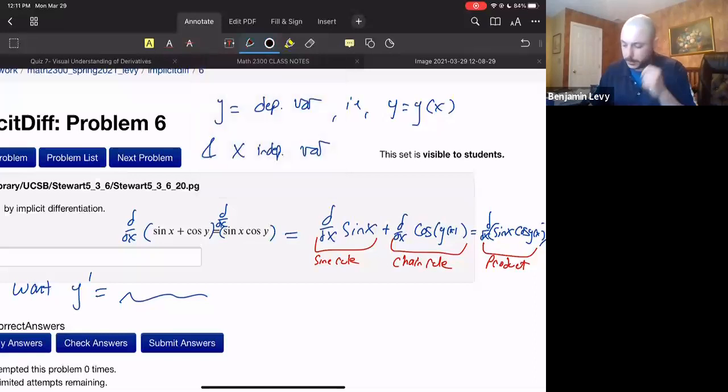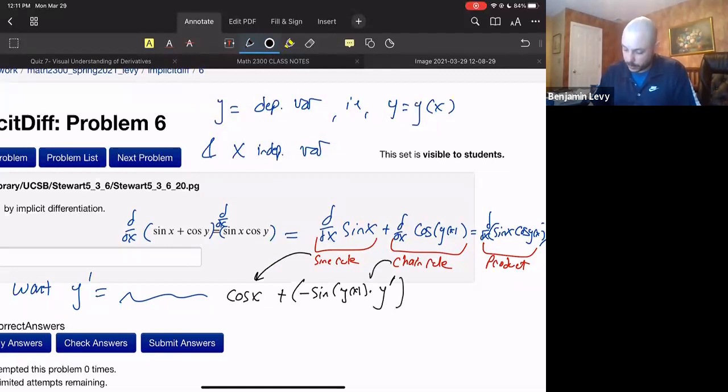And so let's keep going then. The sine rule just becomes cosine, or sine is cosine, yes. The chain rule on the middle piece: cosine turns into minus sine, and then you do the derivative of the inside. Right, that's the chain rule.